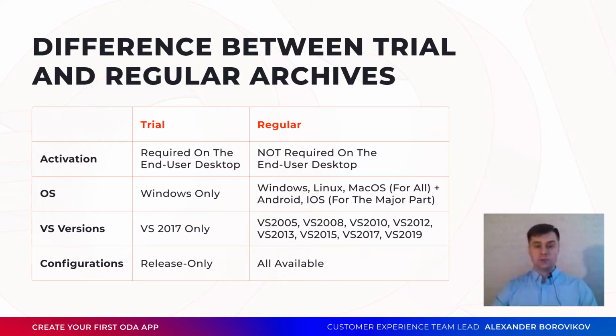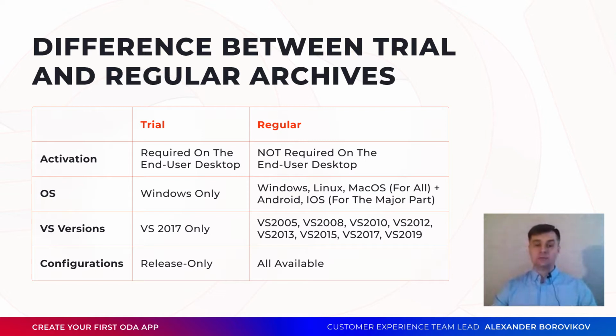So you design something with the trial archives, you need to have it activated. You developed an application, a proof of concept, whatever, and wish to show it to your supervisor, to your colleagues, to your potential or existing customer on his or her desktop. Again, on that desktop, it's necessary to activate the archives again.